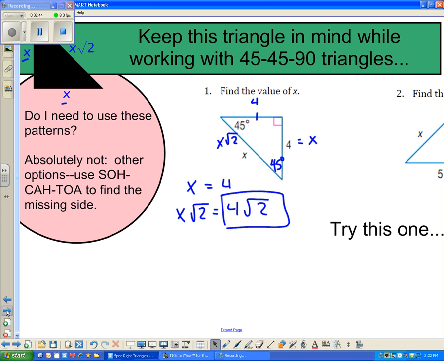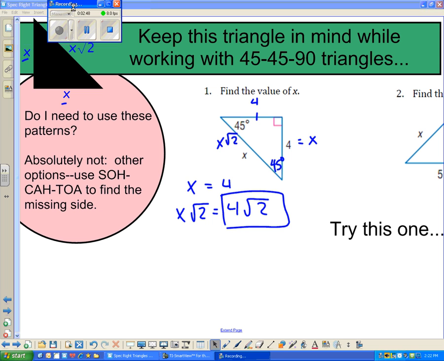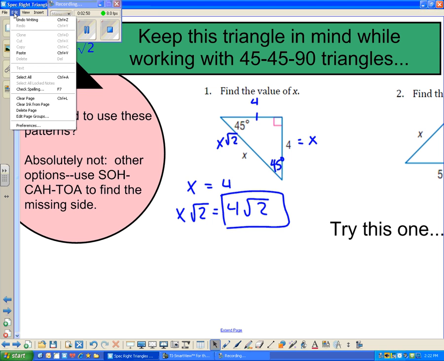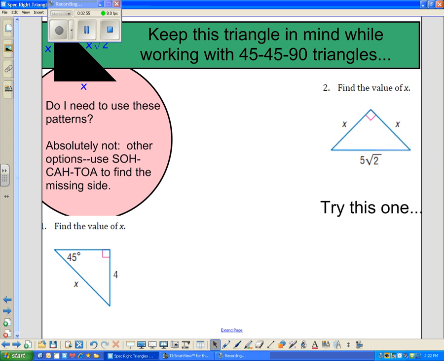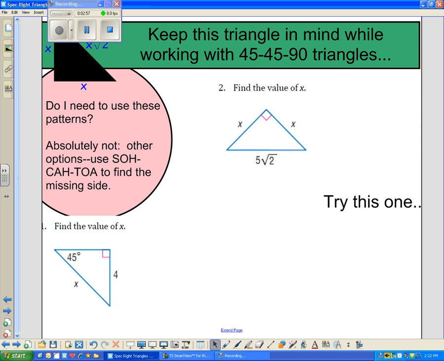Okay. In number 2, this one's a little bit trickier. For number 2, now I have the hypotenuse. So I have the side that's equal to x root 2. Well, if 5 root 2 is equal to x root 2, then 5 must equal x.